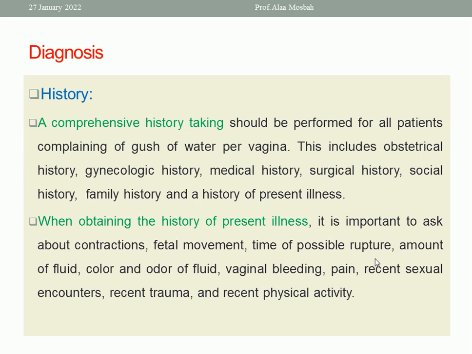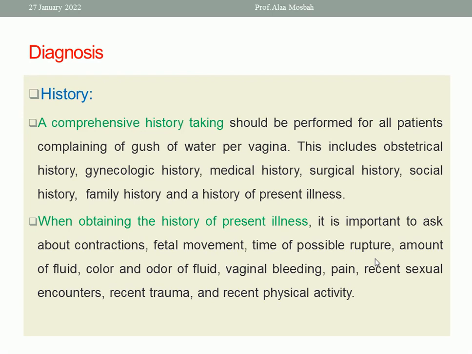Also go through family history of similar conditions, past history of surgical operations, history of drug use, or history of exposure to trauma, and so on. Okay? So you should take a complete history.